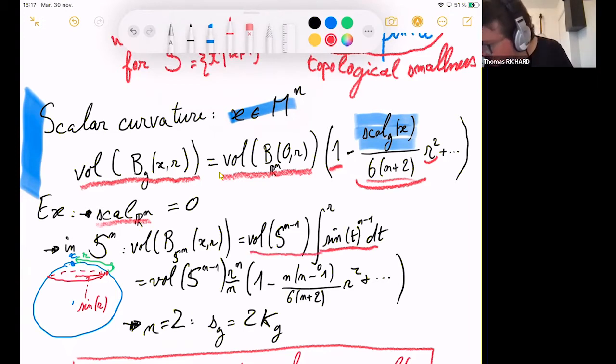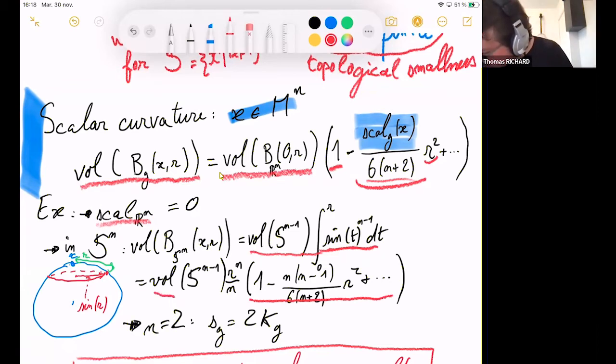So the volume of the sphere of dimension one less, and some integral of some power of the sine function. And then you can write sine t to be t minus t cube over 6 plus some other stuff, and try to integrate that term by term, and you will get this expansion for small r.